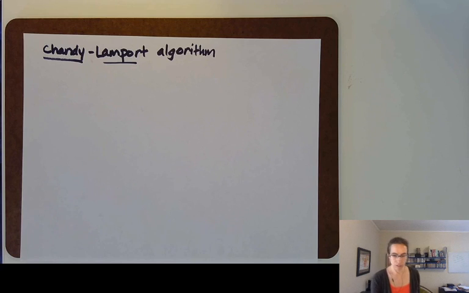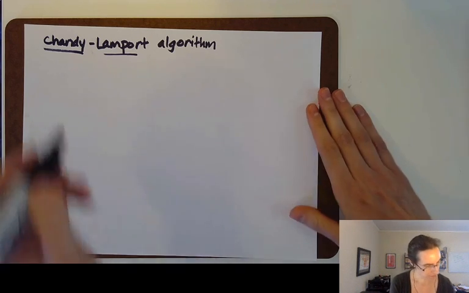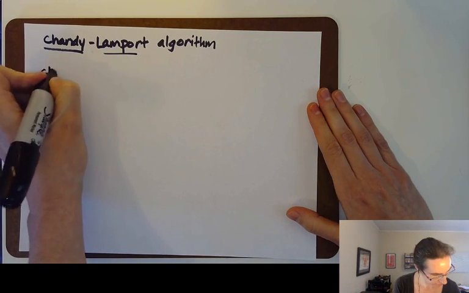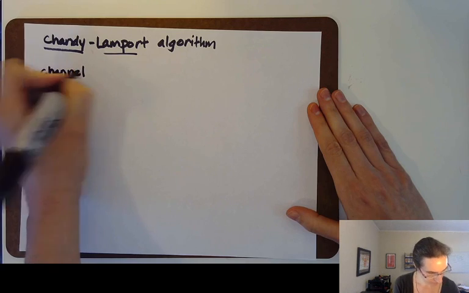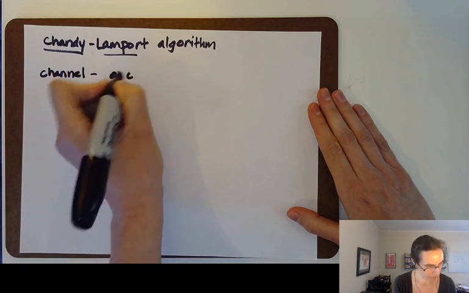So the new piece of terminology that we need, that I kind of hinted at a little bit before when we were talking about FIFO, is the notion of a channel. So a channel can be thought of as a connection from one process to another.